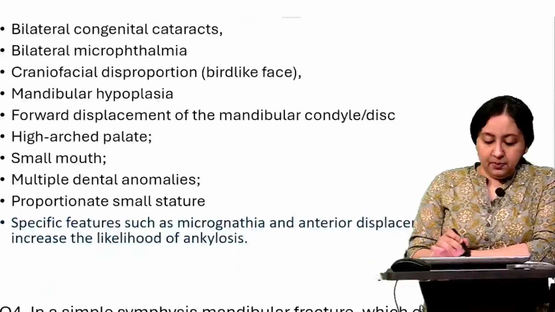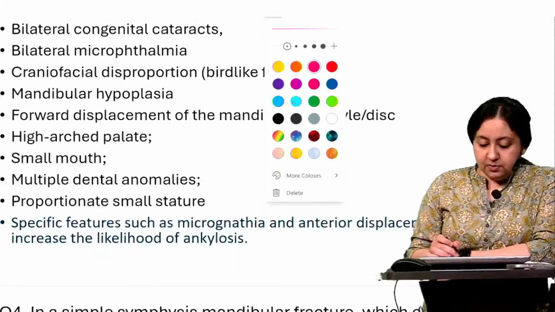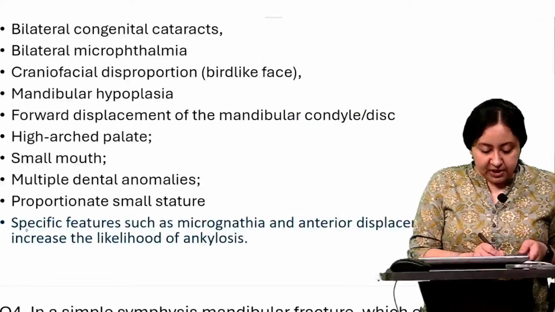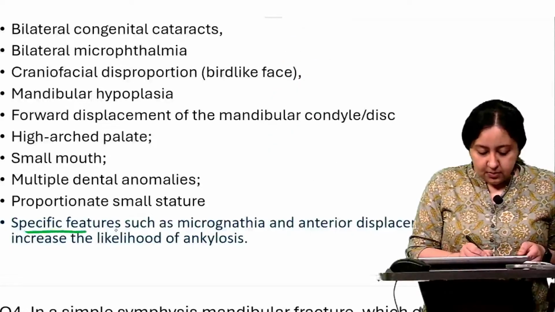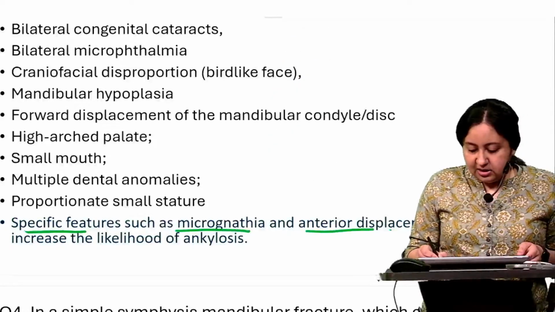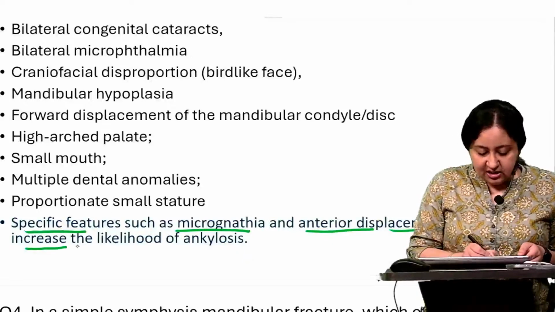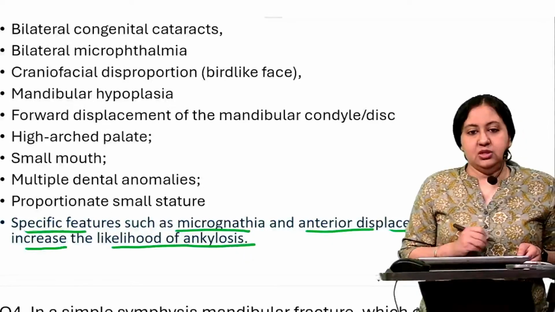So now various books and authors say that specific features like micrognathia and anterior disc displacement of TMJ increase the likelihood of ankylosis.